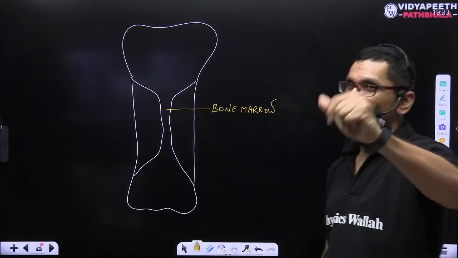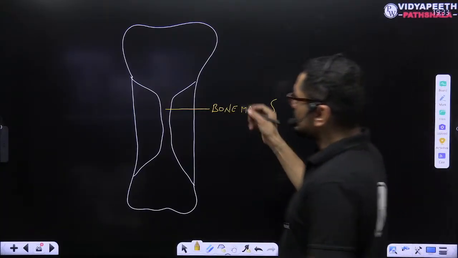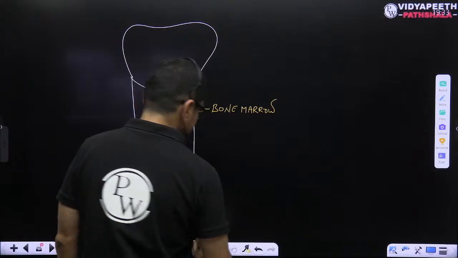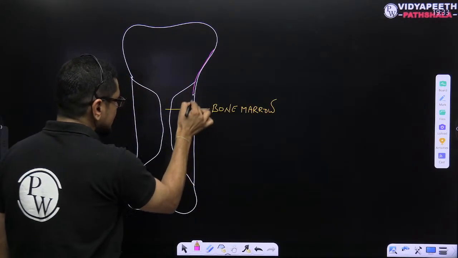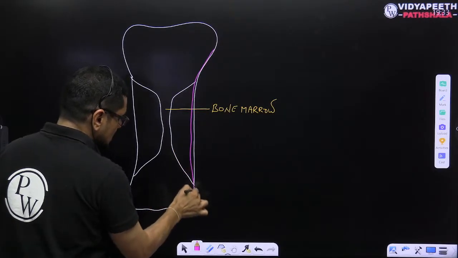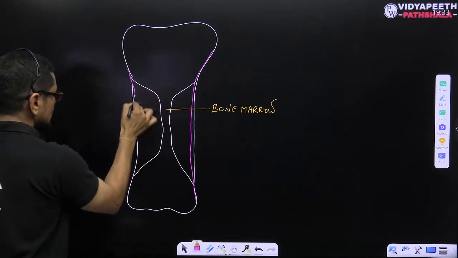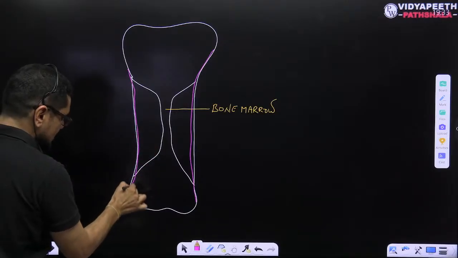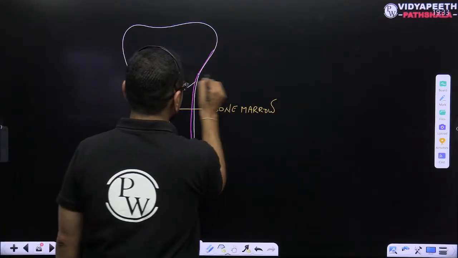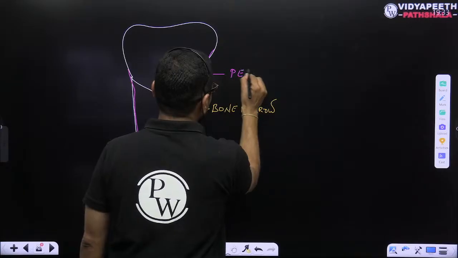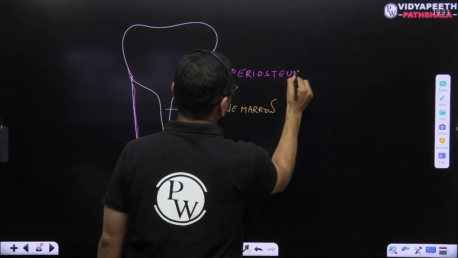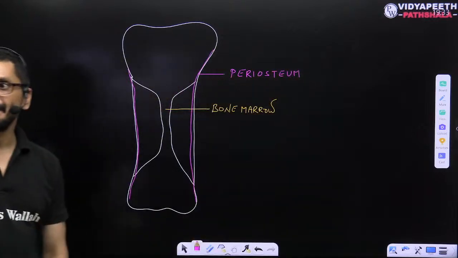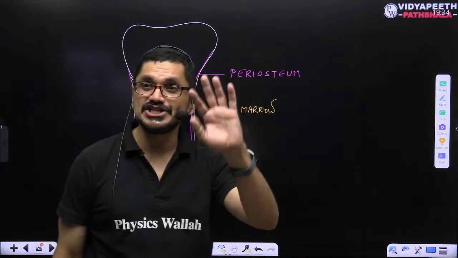Now listen. Here there is a layer present. For the bone there is a layer. The outer layer present here is called, I will write here, periosteum. Please see the board. Peri means surrounding, osteum means bone.